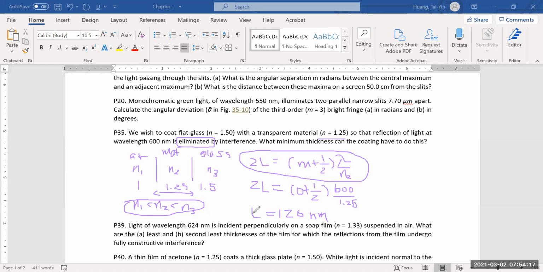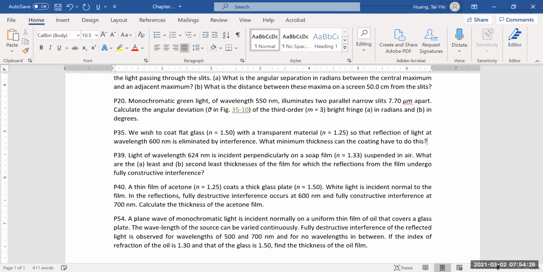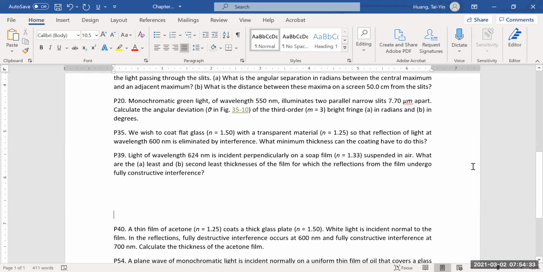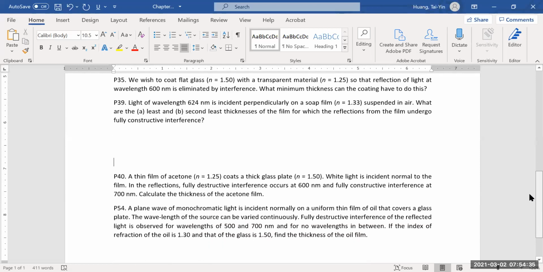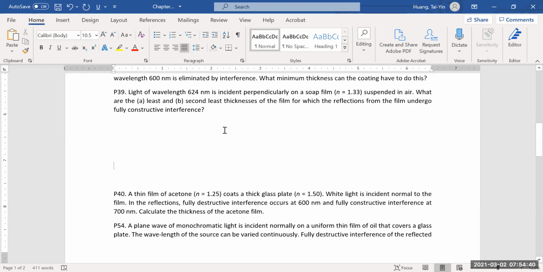The next one I want to do is problem 39. Let me scroll up a little bit. Problem 39 says light of wavelength 624 nanometers is incident perpendicularly on a soap film suspended in air.